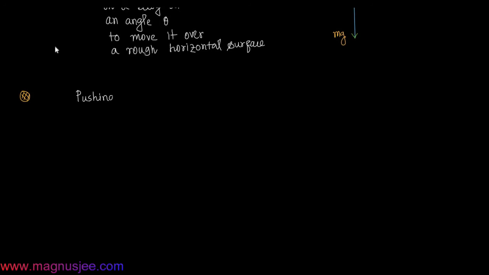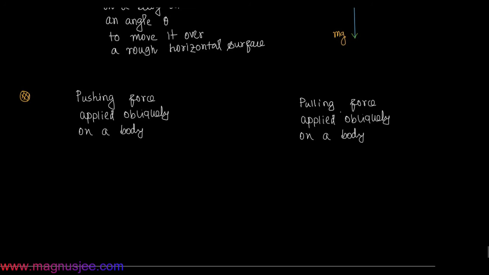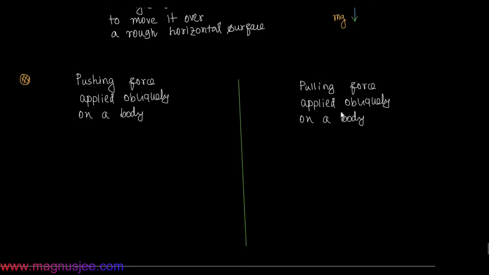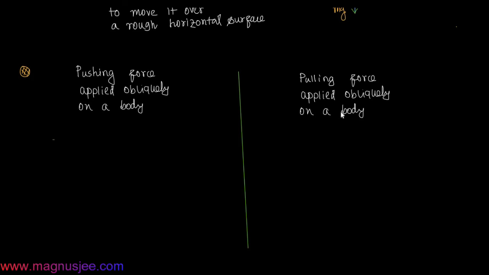Now we can compare the expression of pushing force applied obliquely on a body placed on a rough horizontal surface with the pulling force applied obliquely on the same body.